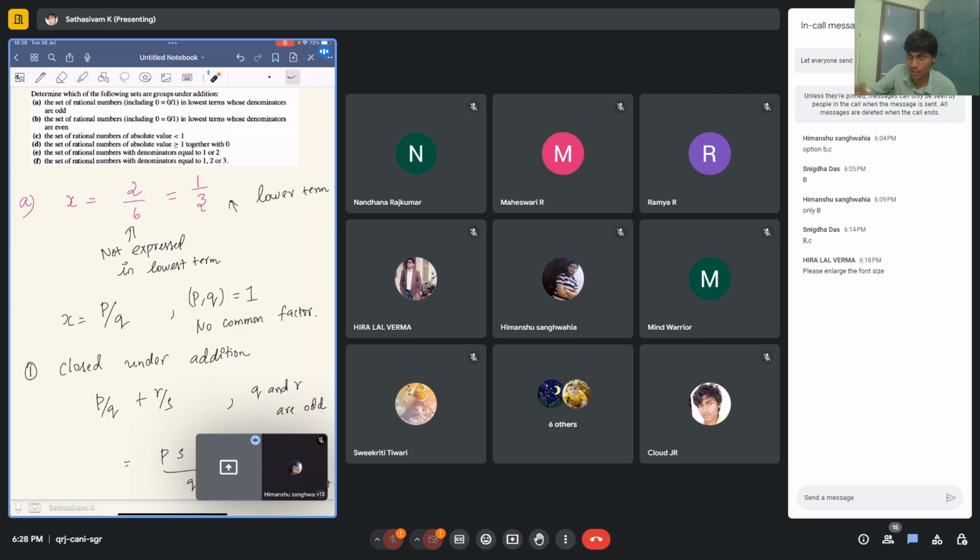When you write a rational number as p by q, it need not be unique. So to make the representation unique, we are going for the lowest term. But it is still equal, so for associativity there is no problem. Does that answer your question?